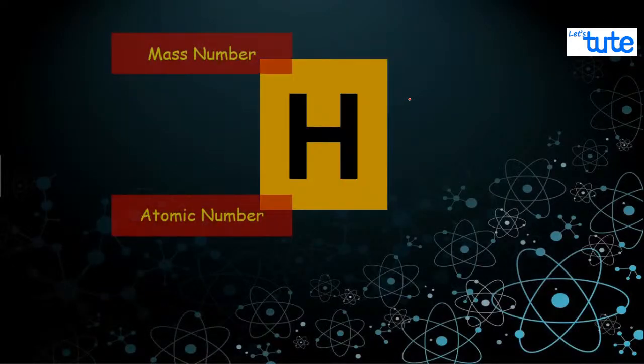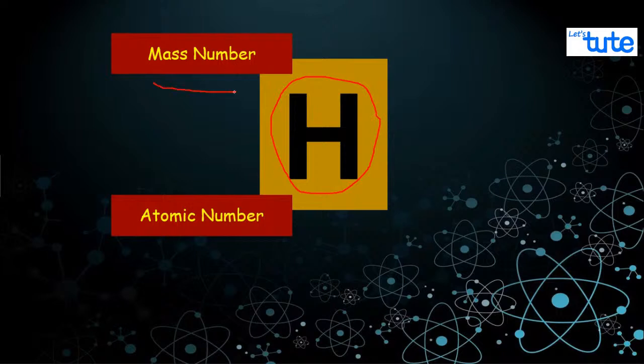Next thing is how to write an element. There's a general formula to write each and every element. In this case, I have taken hydrogen as an example. This H is nothing but hydrogen, the name of the element. We write the mass number up here, and this is the atomic number.